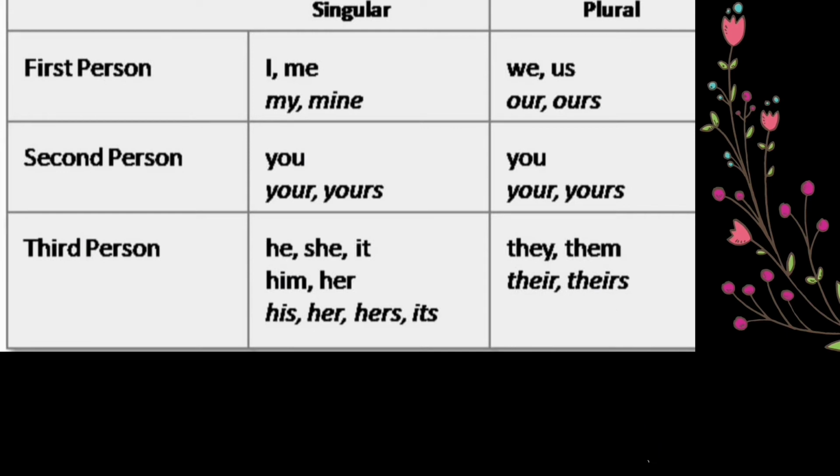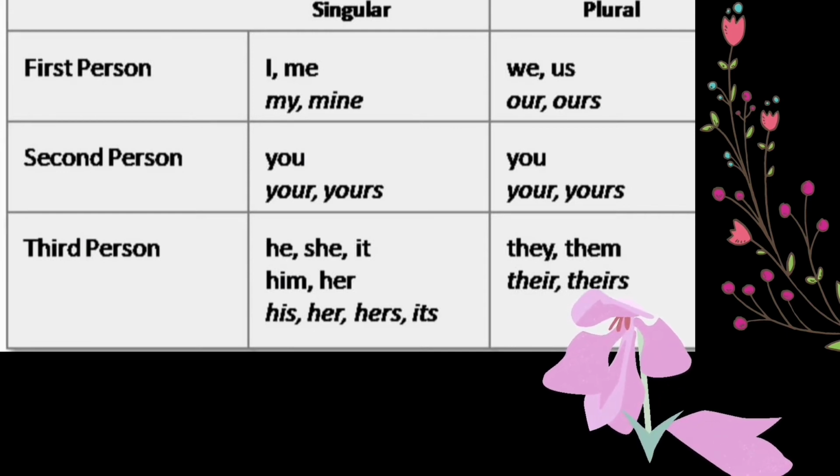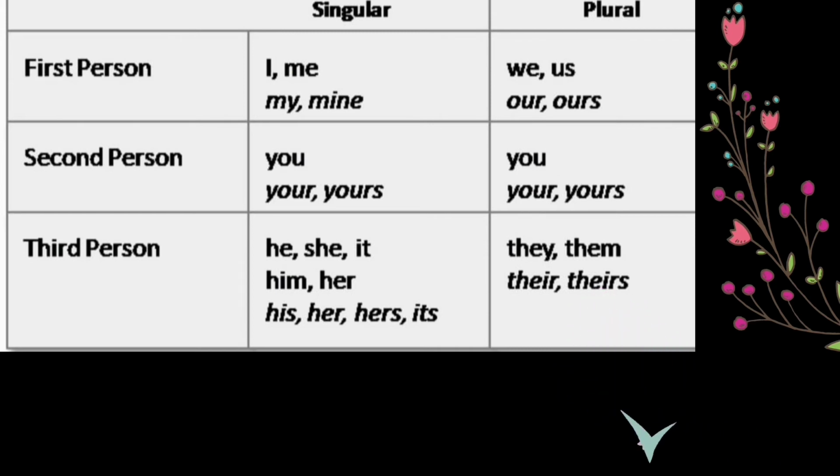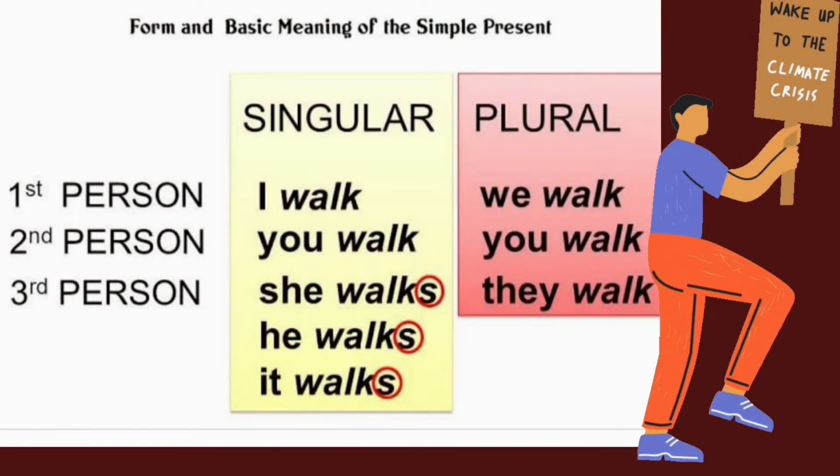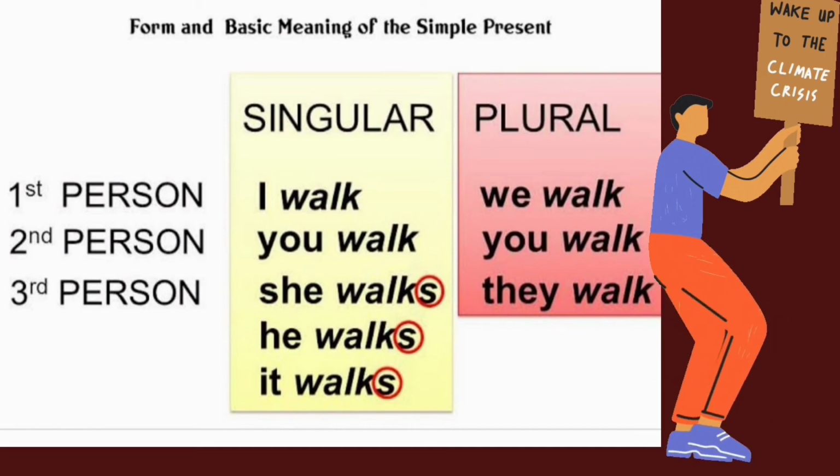We, us, our, ours. These are plural number in first person. In second person, you, your, yours. Third person, he, she, it, him, her, his, hers, its. These are singular number, and they, them, theirs. These are plural number.